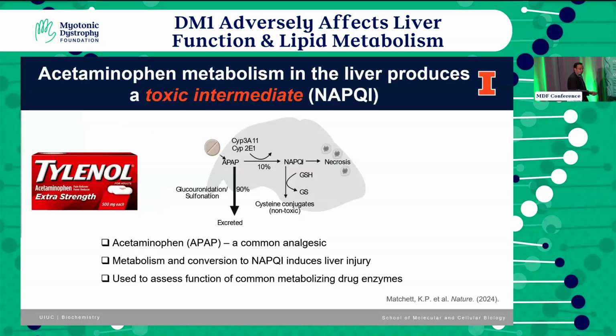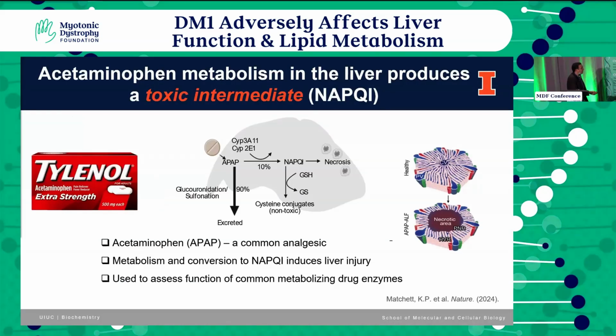Now, APAP toxicity is a long-studied model for drug-induced liver injury, and its mode of toxicity relies on its conversion to this toxic metabolite NAPQI, which is generated from APAP by cytochrome P450 enzymes such as CYP3A11 and CYP2E1 in mice. And the injury is highly localized to the pericentral region of the liver lobule that I talked about in the beginning. So the cytochrome P450 enzymes are produced specifically in the hepatocytes that are near the central vein.